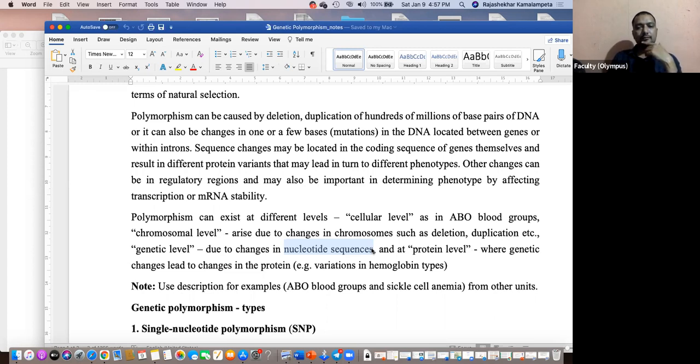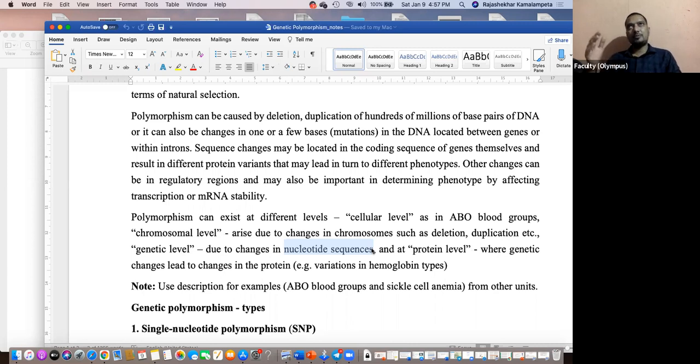And protein level, people do show different protein varieties. Hemoglobin, we're going to talk about in 9.1. Biochemical genetics, we are going to discuss this. People do carry different hemoglobins. Even in us, we carry different forms of hemoglobin at different stages of our life. So this can be called protein polymorphism, changes in proteins like hemoglobin.